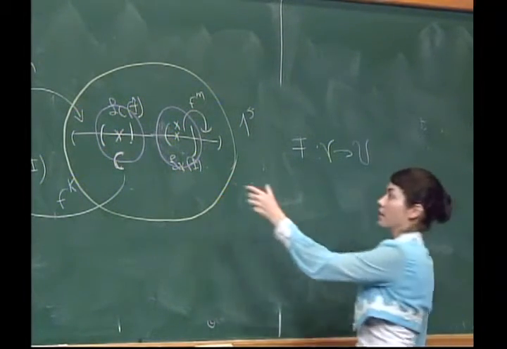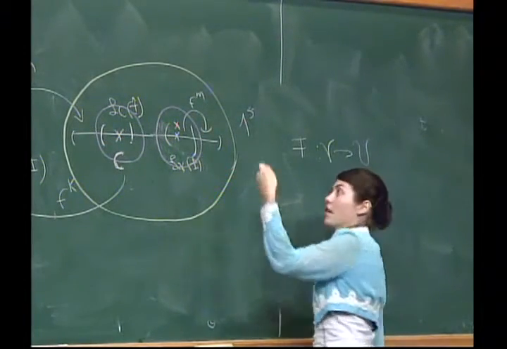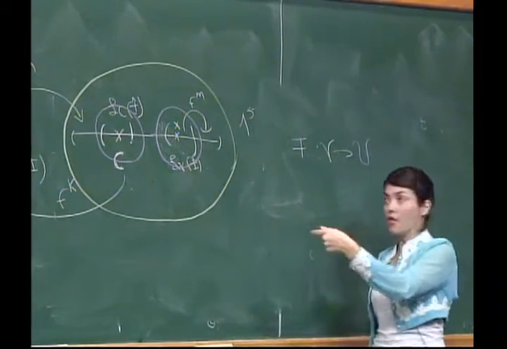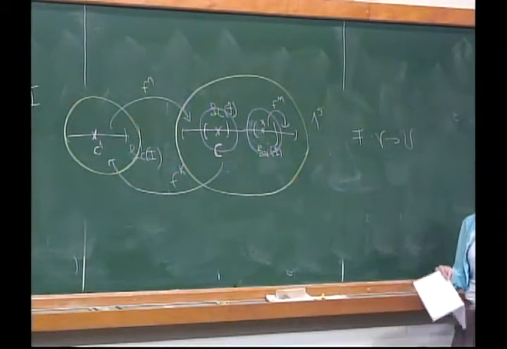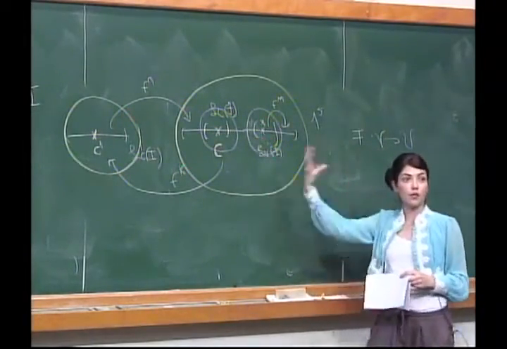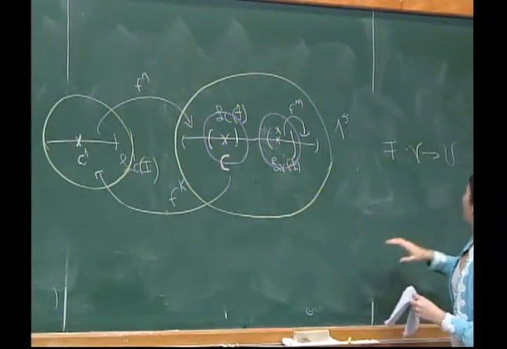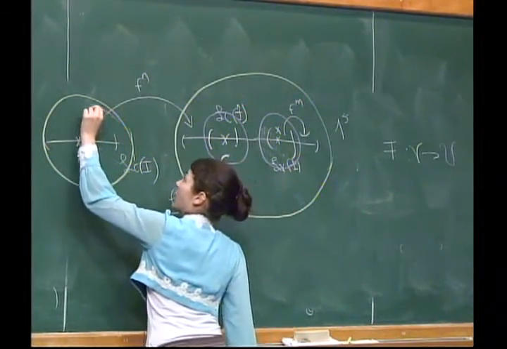So this purple ball will get sent as a holomorphic covering to the green one under this map, which is the first return to the interval. So you already have the real picture, and now you want to find domains that will do that. In this case, this one will be both in the domain and in the range.